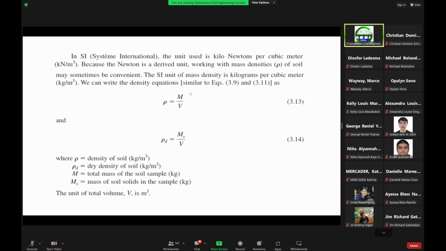So it is just the same formula as for the unit weight and the dry unit weight, only that here we are using total mass and mass of the soil solids, but in terms of unit weights and dry unit weights, we use the total weight and the weight of the soil solids.